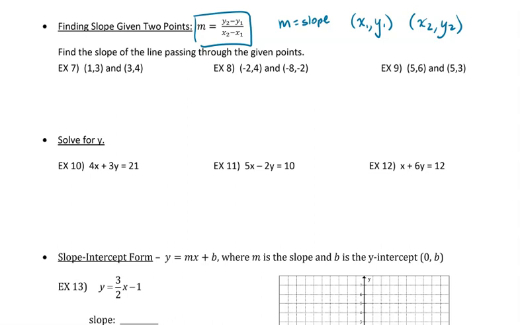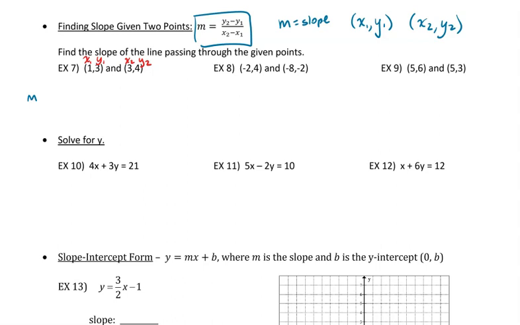First thing I'm going to do is label our first 2 points for example 7, just so we don't get confused. So this is x1, y1, x2, y2. And then let's go ahead and plug them in.